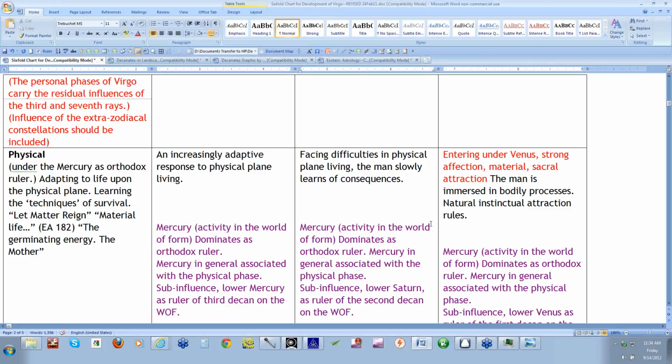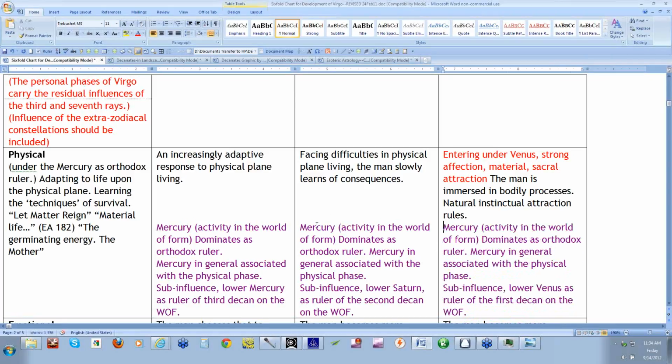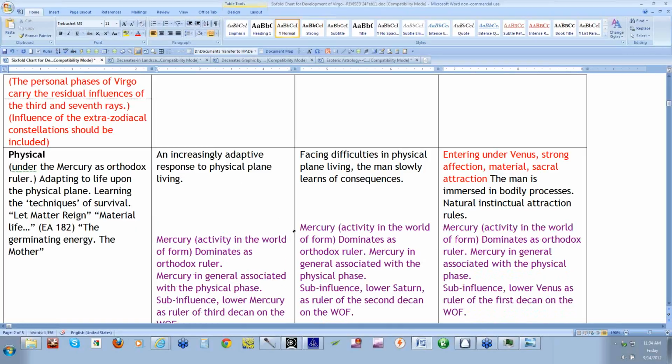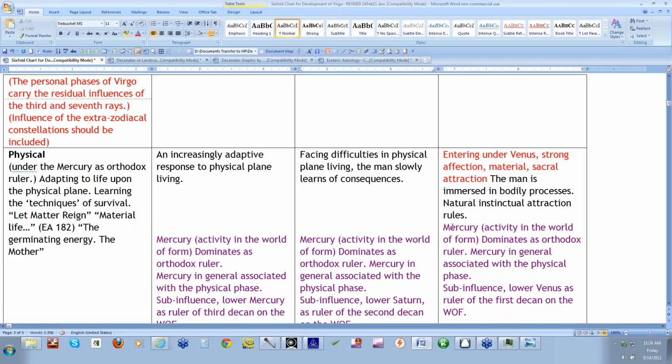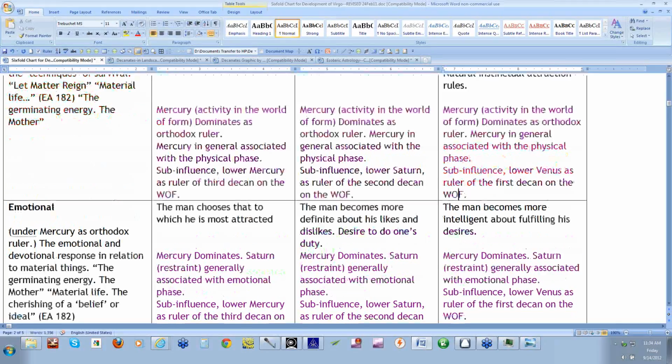Okay, so, but in general, the mind is being used to adapt to survival, and one is learning in general under Mercury, and for the long duration of the opening of that first petal, the techniques of survival in this elemental world. Okay.